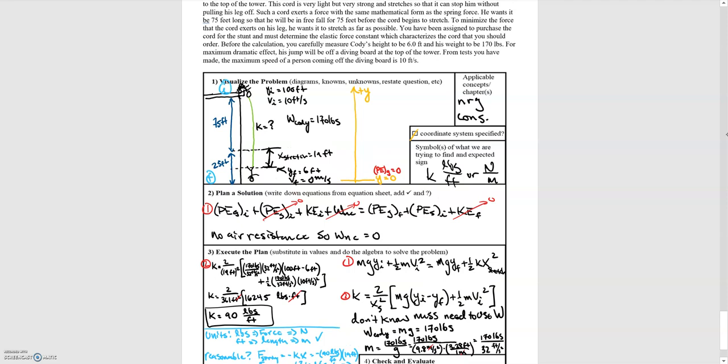Like I was saying, we're falling through the air, so we're gaining velocity, gaining kinetic energy, losing potential energy, and then ultimately we're transferring our kinetic energy into spring potential energy.